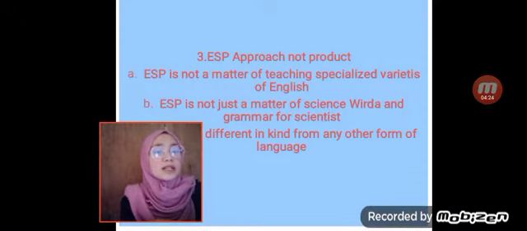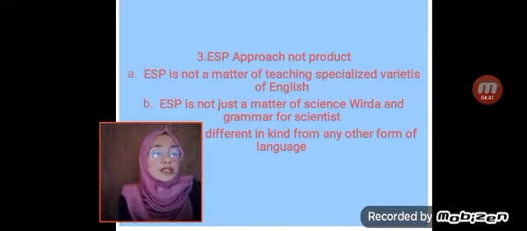Because the language is used for a specific purpose, there are some features which can be identified as typical of a particular context of use and which the learners are more likely to meet in the target situation.